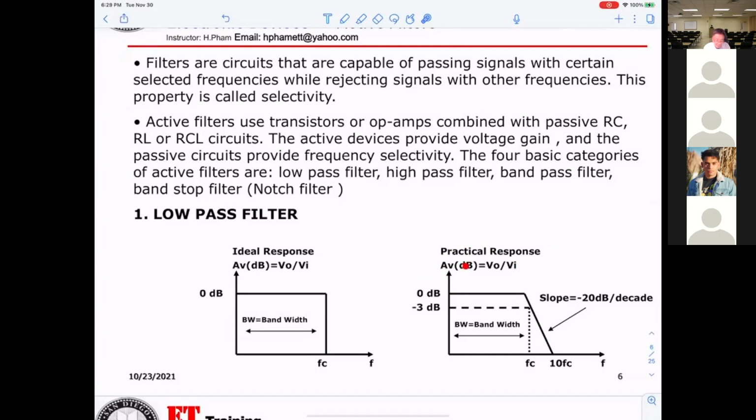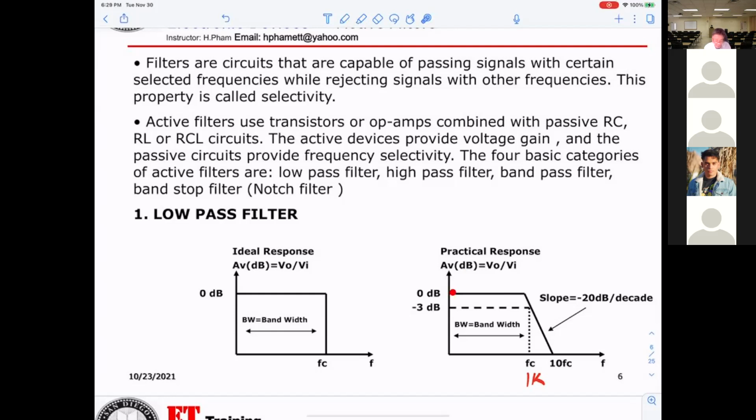The gain equals V out divided by V in, and in decibels. Okay, now at this part right here, if I give you the example, I get Fc is 1K. Fc.